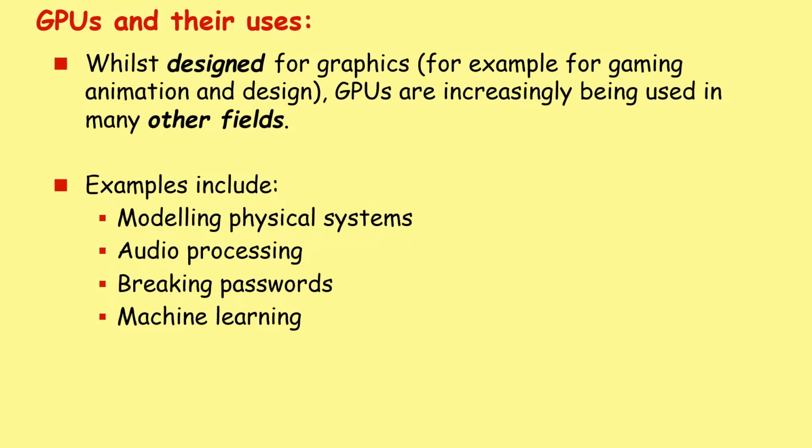While designed for graphics, for example gaming, animation, computer-aided design, GPUs are increasingly being used in many other fields. So some examples: modeling physical systems, audio processing, breaking passwords, cryptography, cryptocurrency generation, machine learning, and other similar uses.